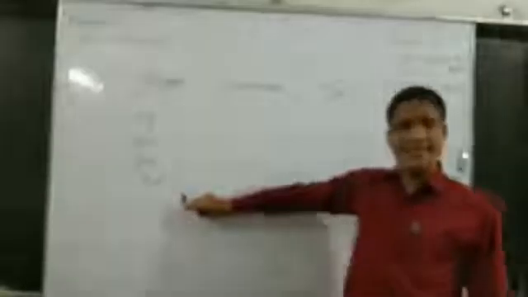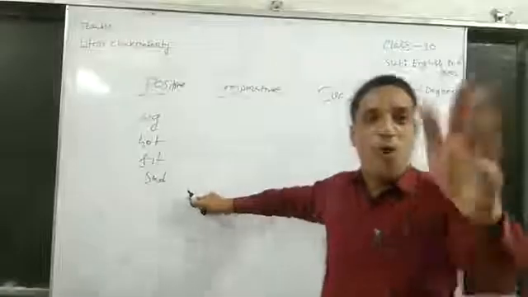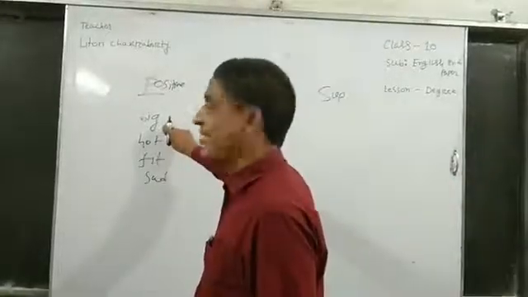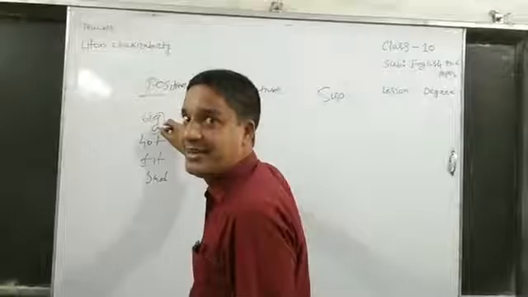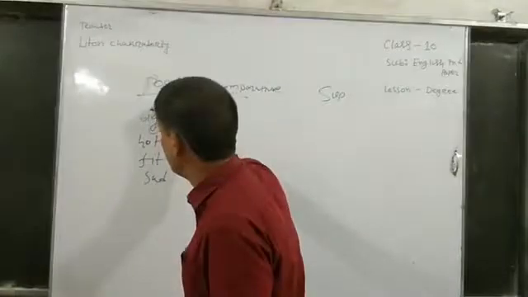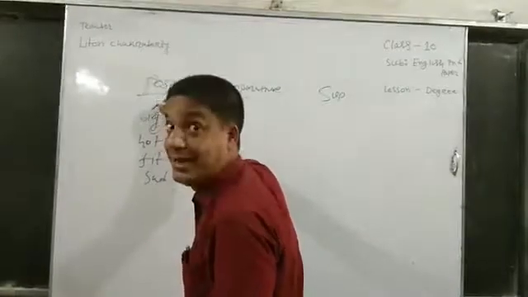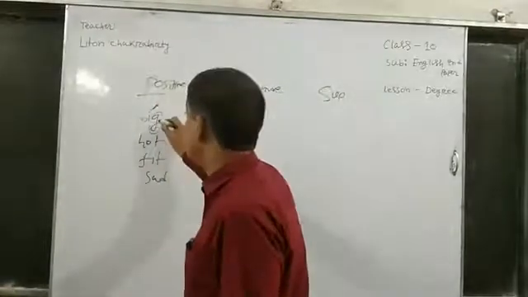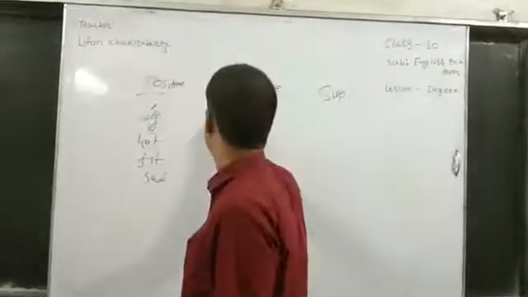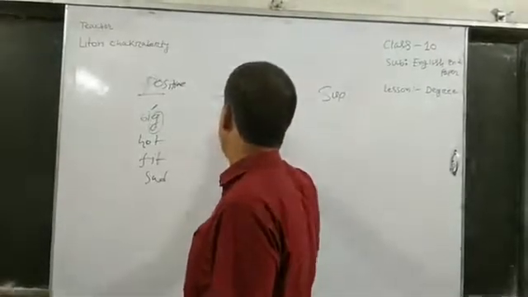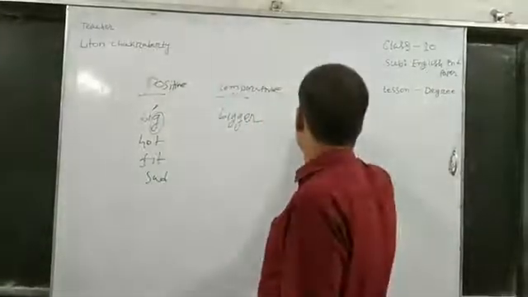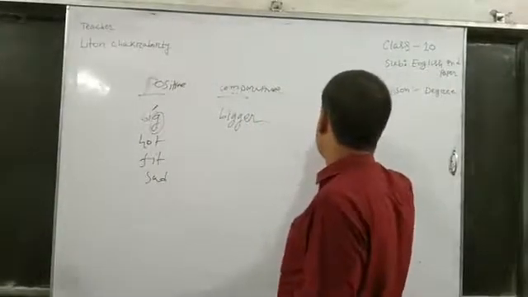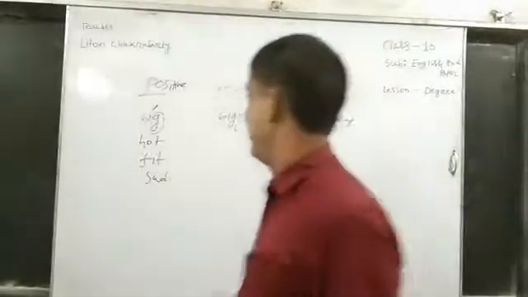All are adjectives. Big. The last letter is G, a consonant. But before the consonant we got vowel I, so G will be doubled. B-I-double G-E-R, bigger. Double G, E-S-T, biggest.